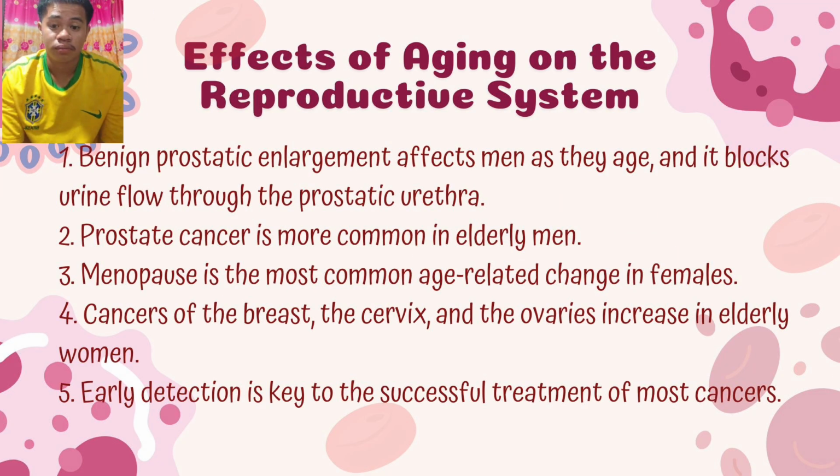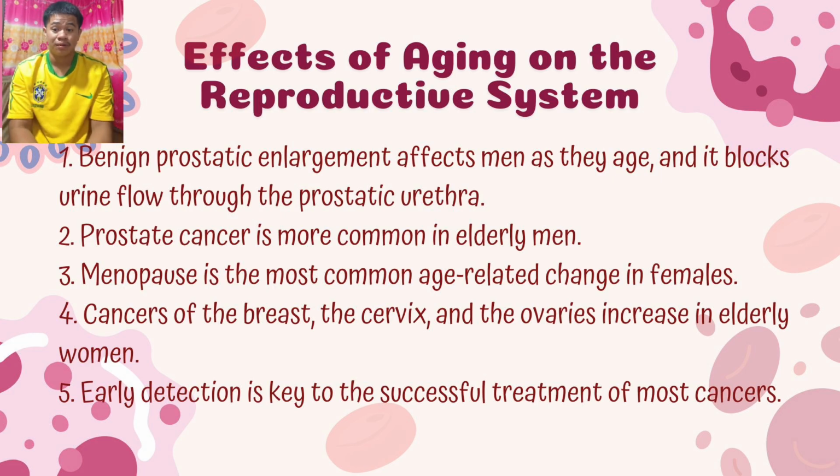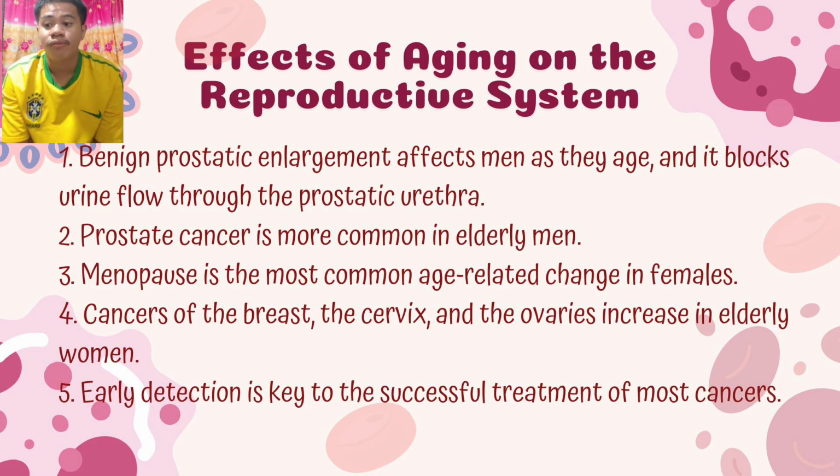So we have the last one, ma'am, which is the effect of aging on the reproductive system. First effect is benign prostatic enlargement, which affects men as they age and blocks urine flow through the prostatic urethra. Second effect is prostate cancer, which is more common in elderly men.